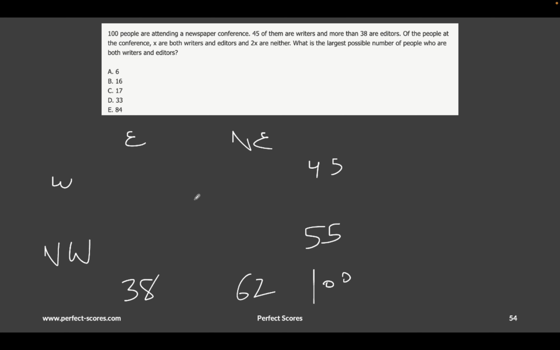So the question says that X are both writers and editors, right? So of the people at the conference, X are both writers and editors, and 2X are neither. So they're neither writers nor editors. And one more caveat to the question is it says 45 of them are writers, but there are more than 38 editors.